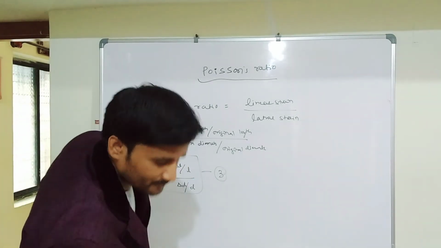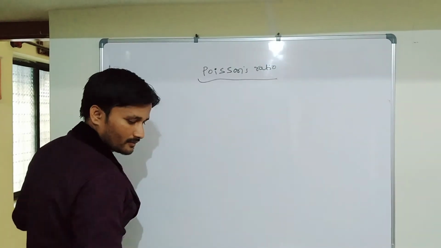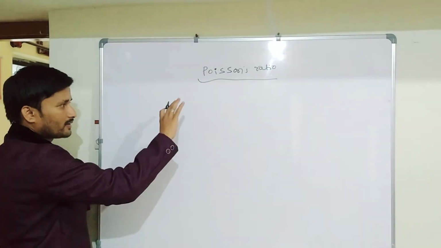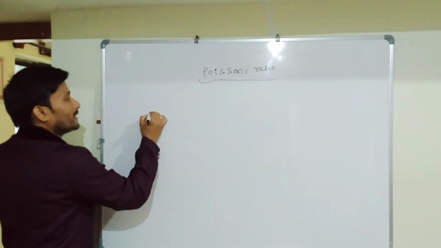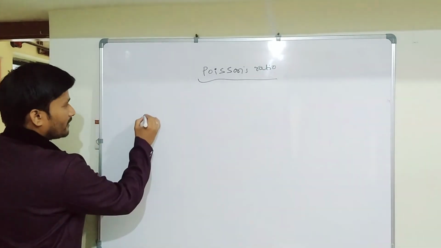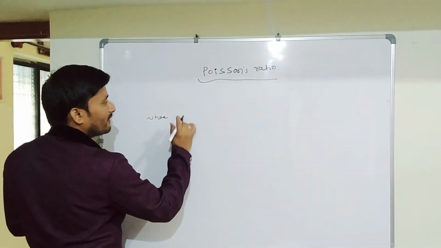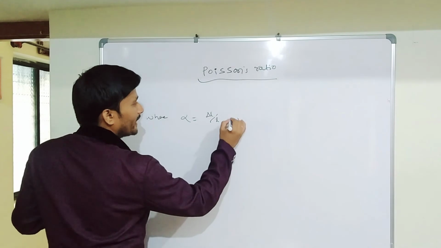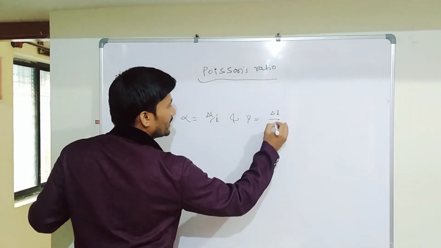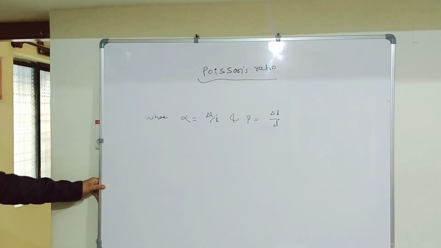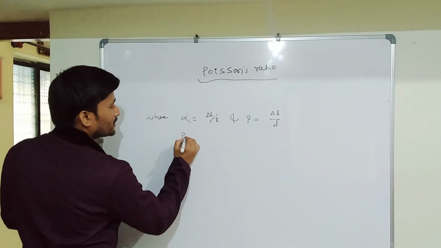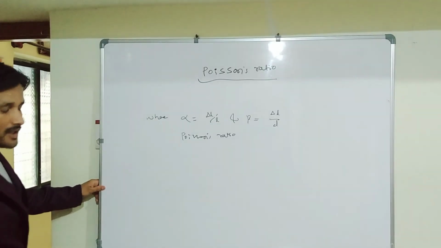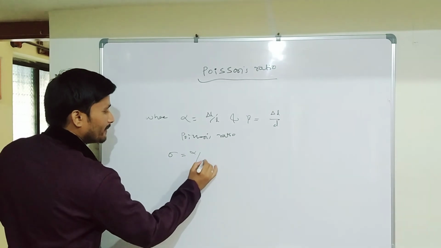So we will get, where alpha is equal to delta L by L and beta is equal to delta D by D. Okay, so Poisson's ratio sigma is equal to alpha divided by beta.